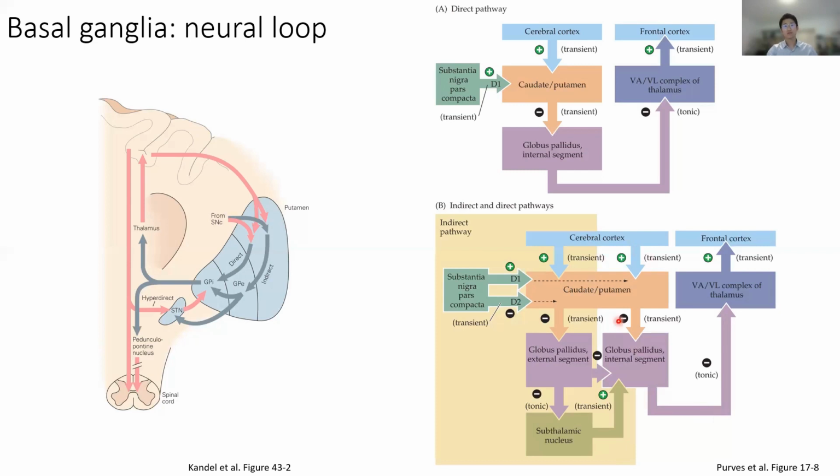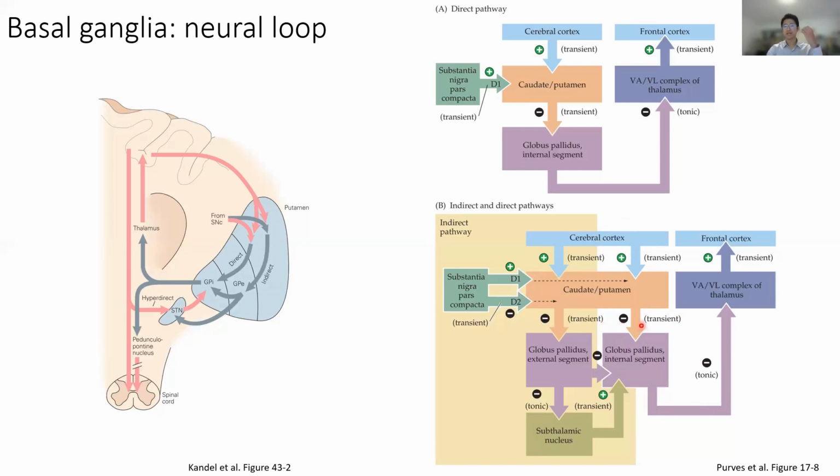So here you see in this yellow area, this is termed the indirect pathway, and this part is the direct pathway. And usually, if you look at these two arrows, this orange arrow, these two direct and indirect pathways are balanced.